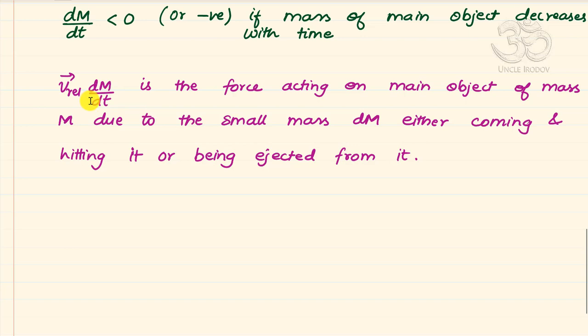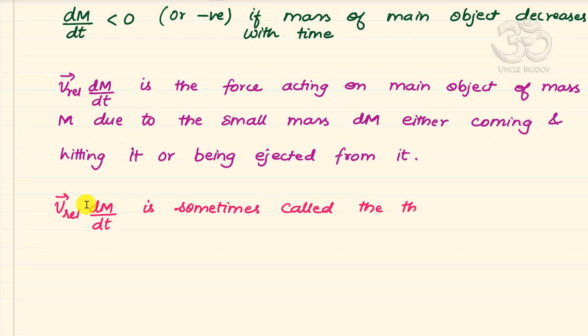Mostly whenever we are dealing with rockets, we will call this the thrust force. So vrel into dm by dt is sometimes called the thrust force. Let us keep that in mind.